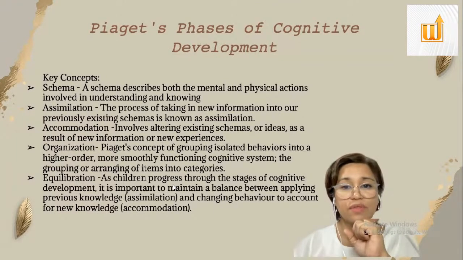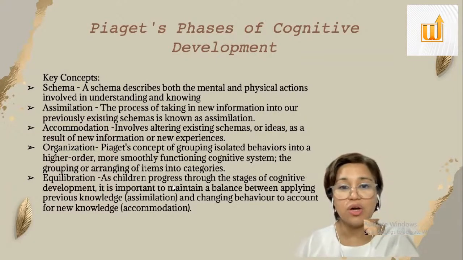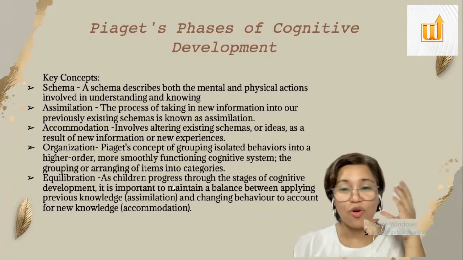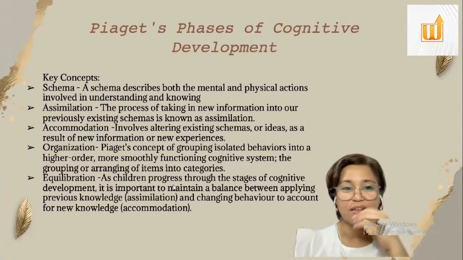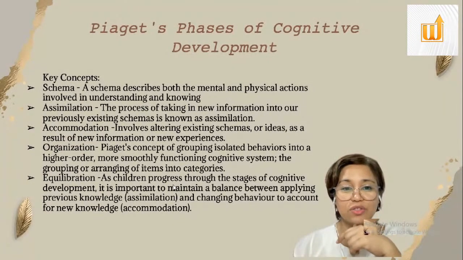Assimilation is the process of taking new information, no, to assimilate it in your understanding. Accommodation involves altering your schema already, no, or relearning or unlearning or discovering, no, as a result of new information and new experience.